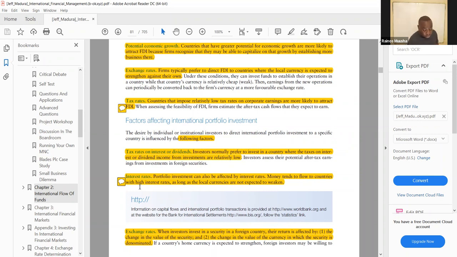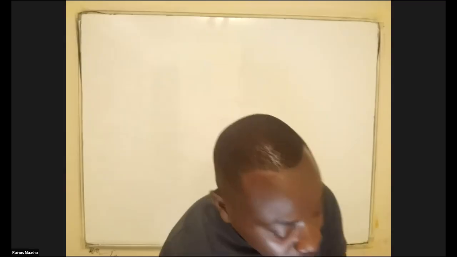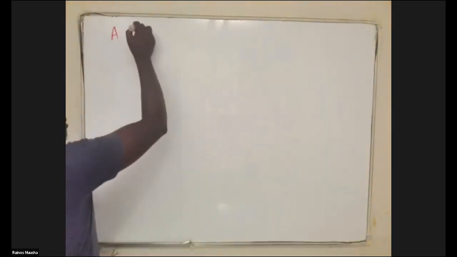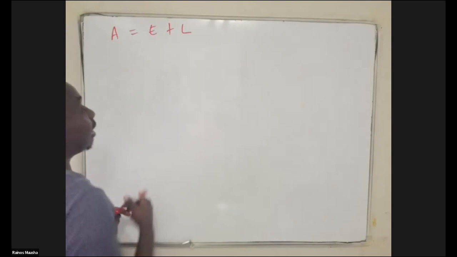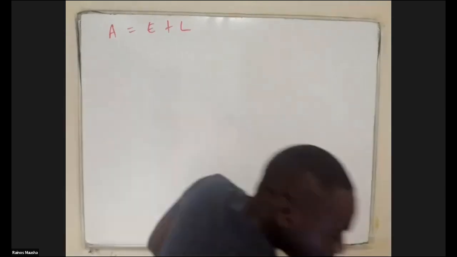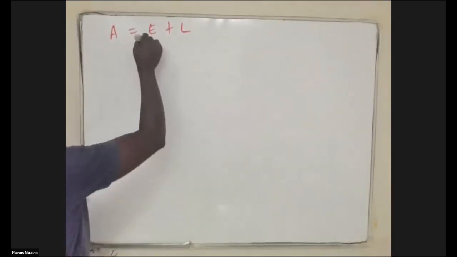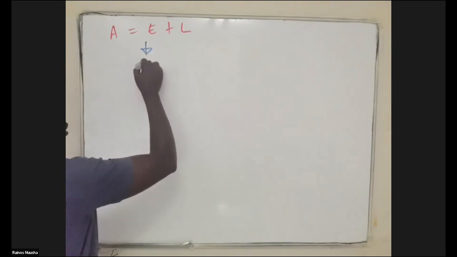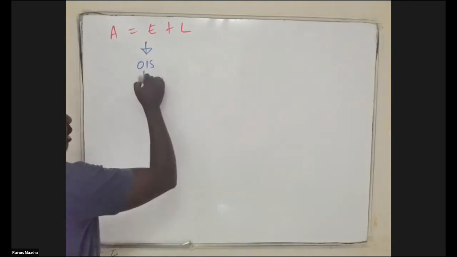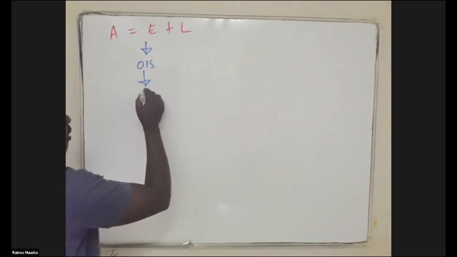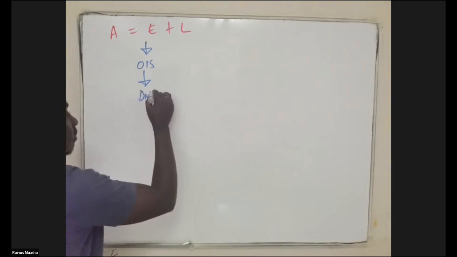Because remember, when you look at interest and dividends, we are also basically going back to the capital accounting equation. We say your assets equals equity plus liabilities. Looking at this, a typical investment of equity is what? Investing in ordinary shares, and the return that you earn from ordinary shares would be dividends.